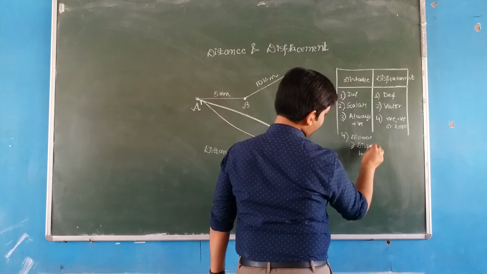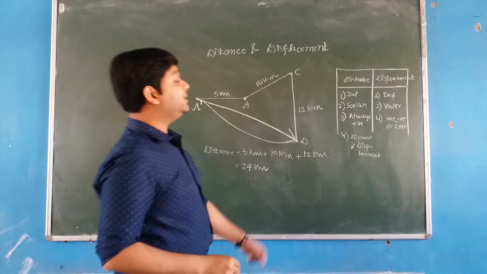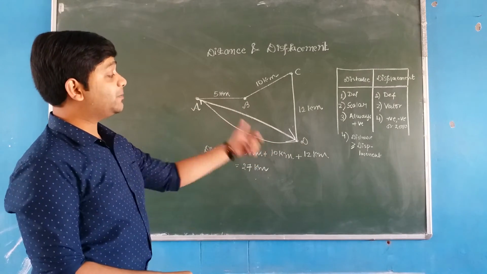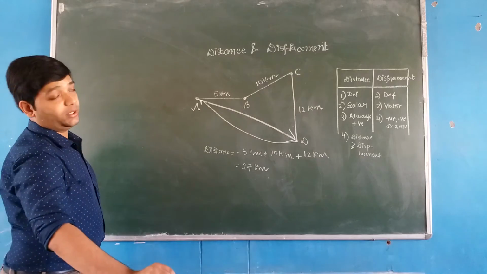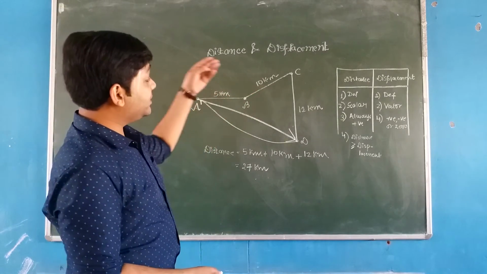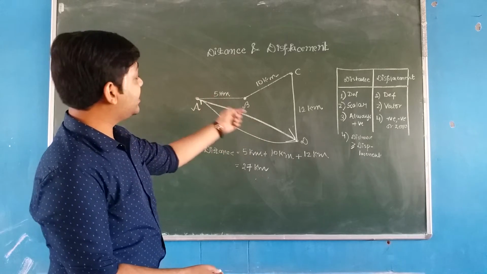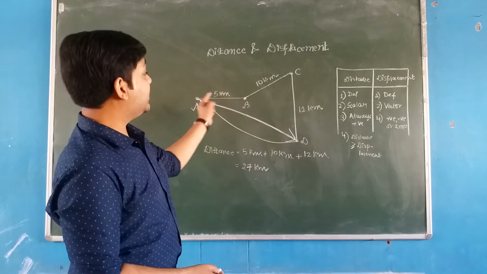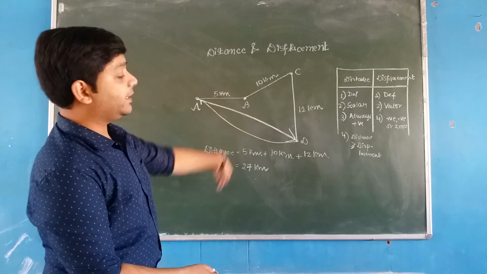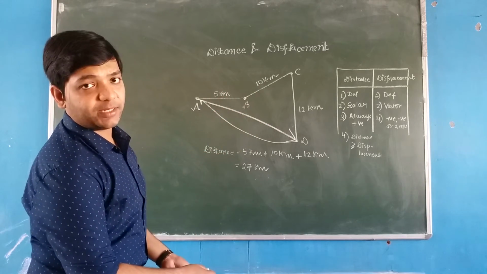Okay? So that means the value of our distance will always be more than the displacement. This is obvious because our displacement is the shortest distance between initial and final point, while distance is the actual length of the path, so it will always be greater than or equal to displacement.